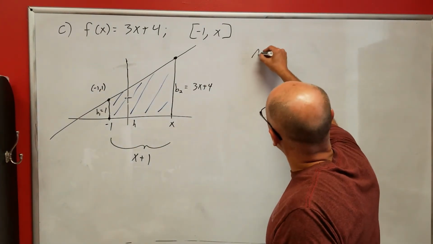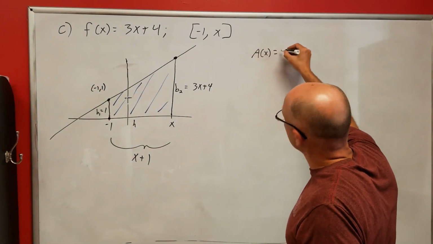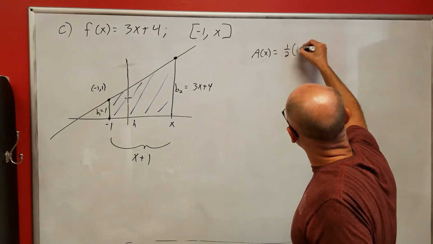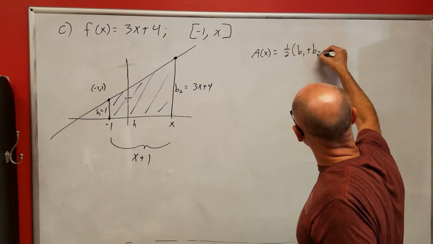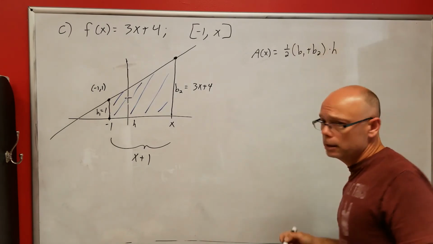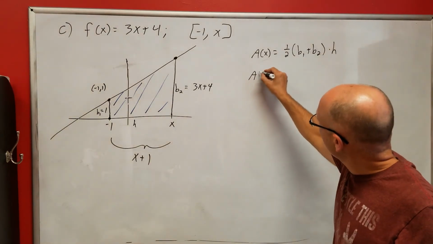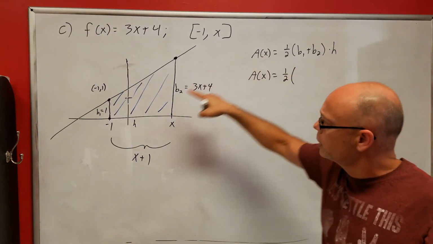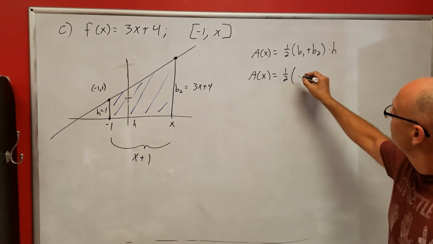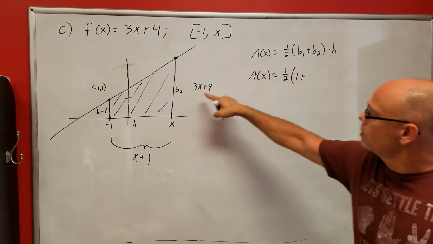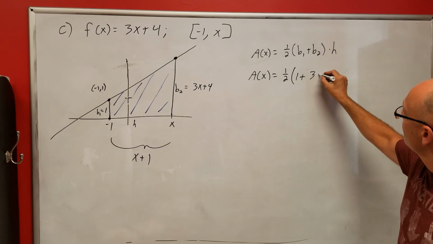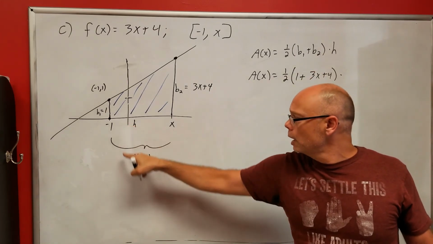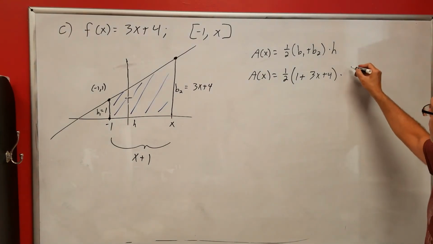All right, so my area function, A of x, according to the area of a trapezoid, is 1/2 times (base 1 plus base 2) times height, right? So A of x is equal to 1/2 times (base 1, which is 1, plus base 2, which is 3x plus 4) times my height, which we came up with as x plus 1.